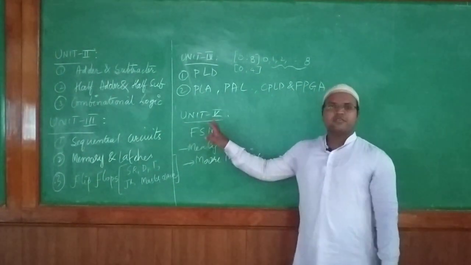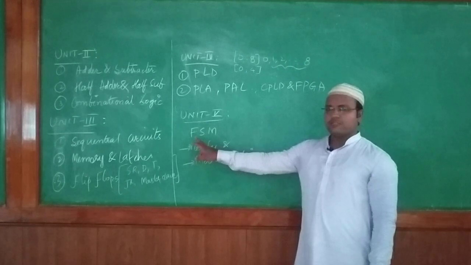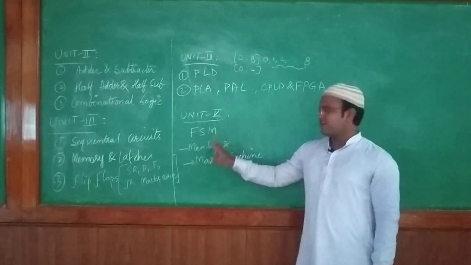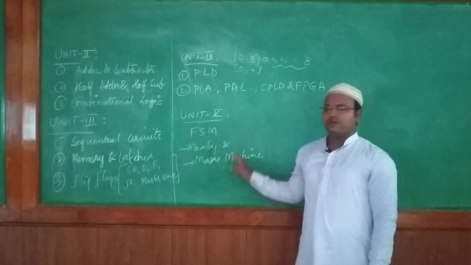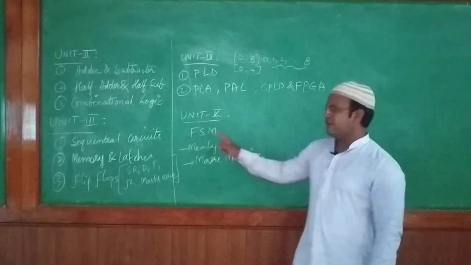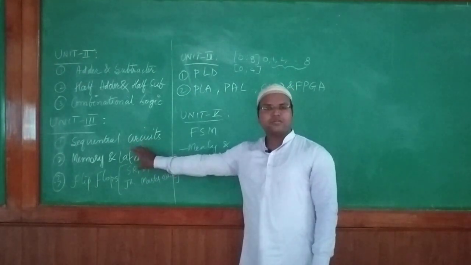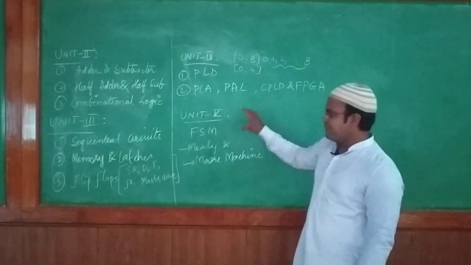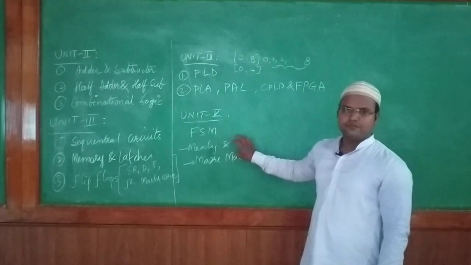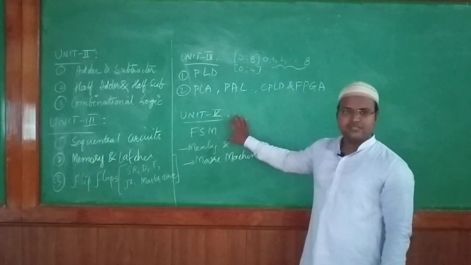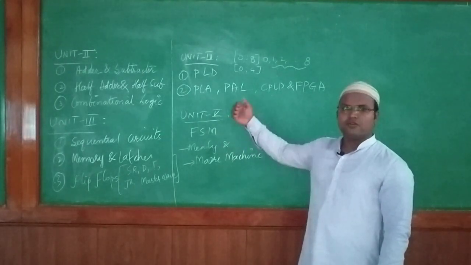As we are discussing unit 5, as I already said, we are going to learn about finite state machines. In that we will have the Mealy and Moore machines. How to design these machines, that part we are going to learn. In that we are taking those combinations and they will be applied in unit 5. So this is how the complete unit structure of your digital electronic design looks. Let us see the combination part.